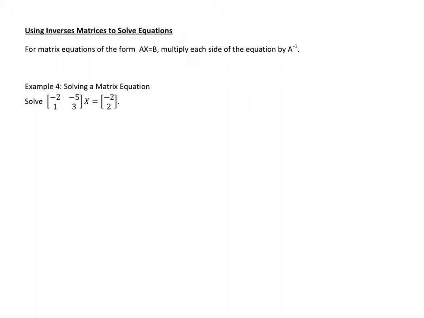Okay, so this is the point of everything. All right, it says that we are supposed to solve an equation that's of this form, AX equals B. If I gave you an equation that looked like this, A times x equals B, and I told you to get x by itself, what would you say?